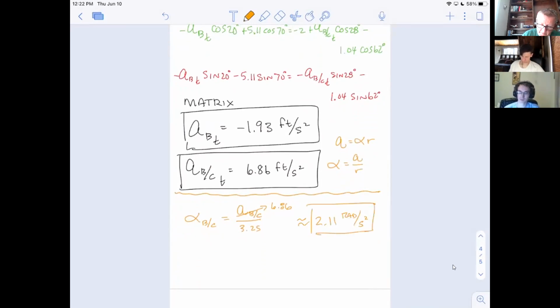That's kind of cool. And similarly, the angular acceleration of B would be equal to the linear acceleration of B divided by its radius, which is 1.25. We just figured that out as negative 1.93. So I divide that and I get about negative 1.54.